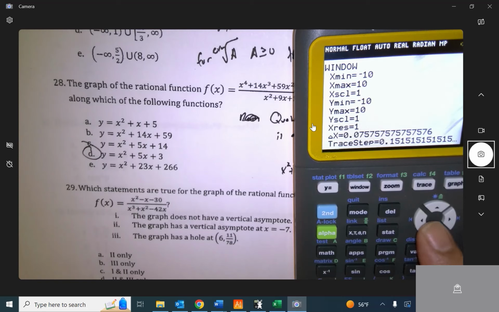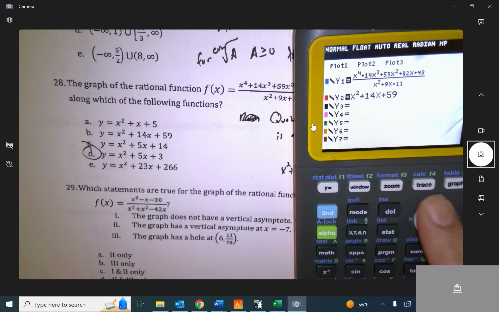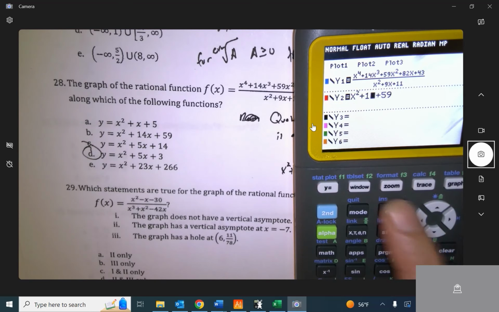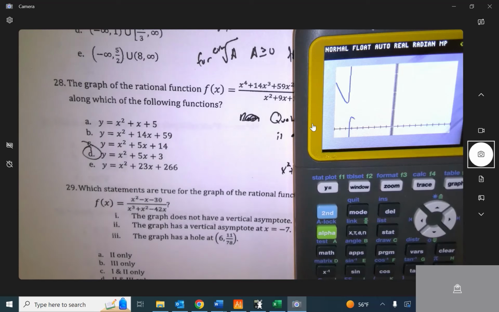See, that had what, a plus of 59? Let's look up 70. Not an asymptote. It's hitting. This one's probably close. I'm going to hit the graph key since I've already got a good looking window now. Not an asymptote.